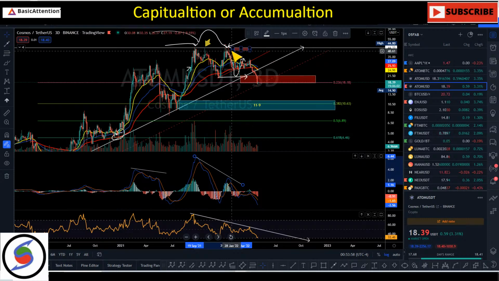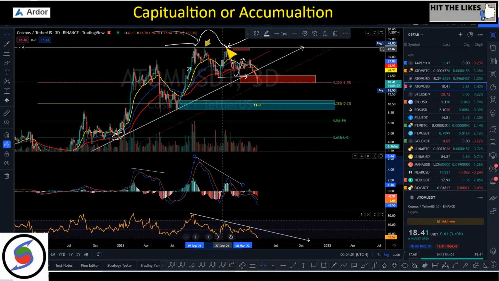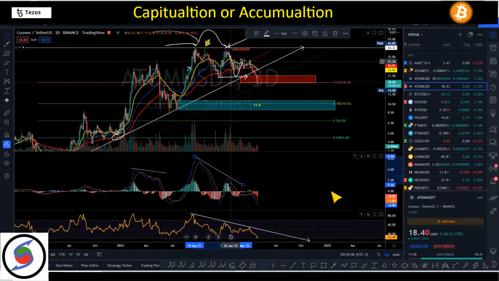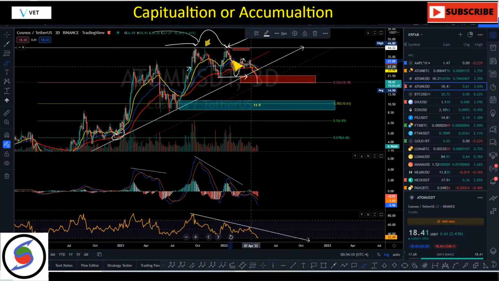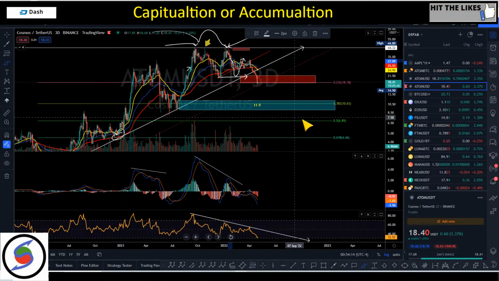Atom retested it somewhere around the first week of January. So as soon as FTM dumped below the 3D21, Atom dumped below the 3D21, we started to call for these lower prices.